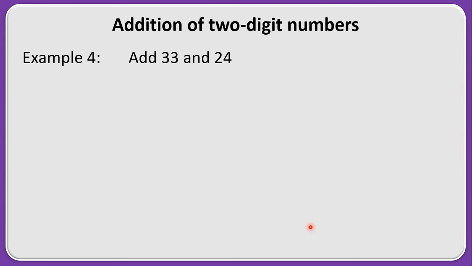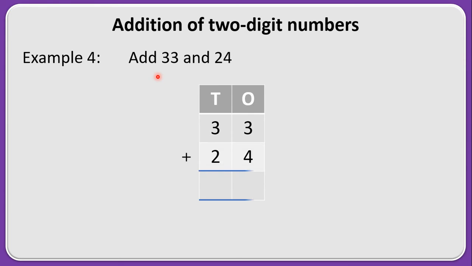Example number 4. Here we will add 2 digit numbers. Add 33 and 24. So while adding 2 digit numbers, for our convenience, we will write down the numbers vertically one below the other as per their place values.